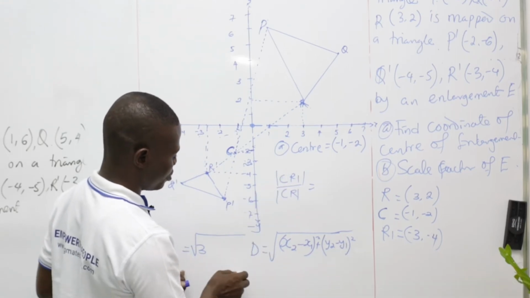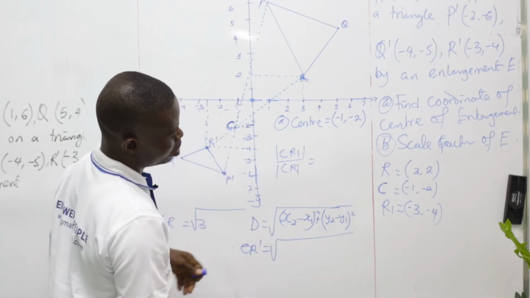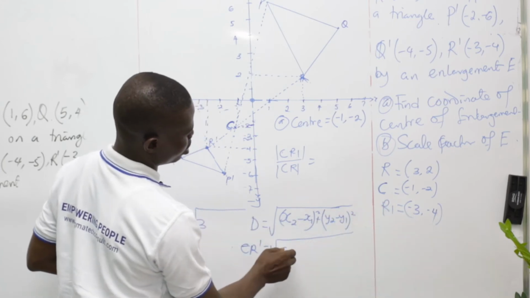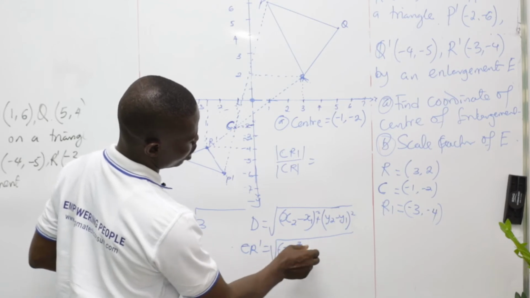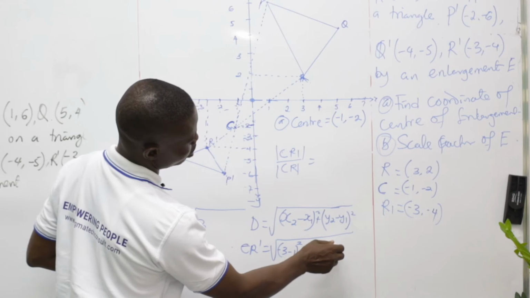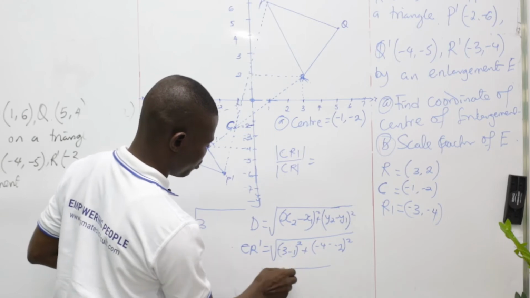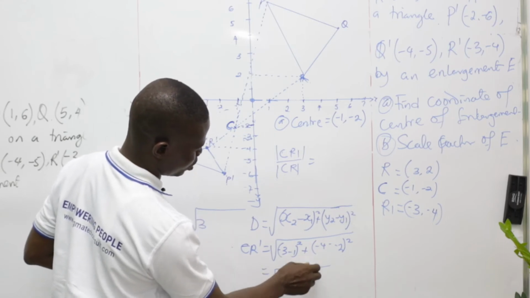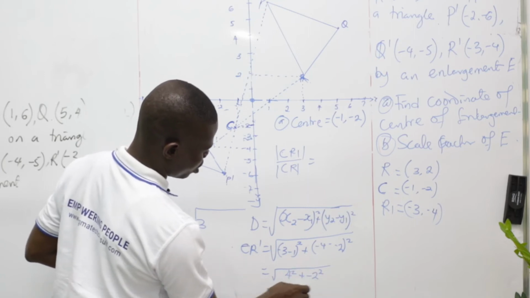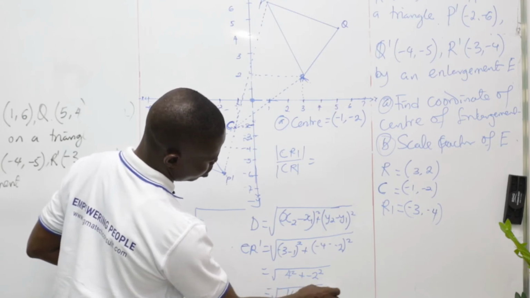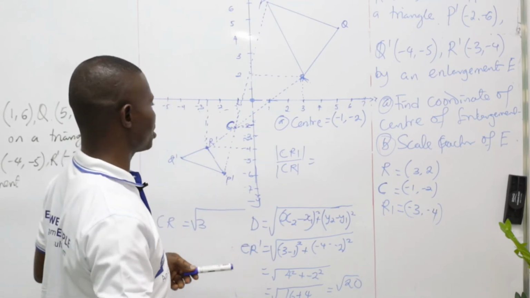For CR prime, CR prime equals square root of minus 3 minus 1 all squared, plus minus 4 minus minus 2 all squared, to give us square root of 4 squared plus minus 2 squared, to give us square root of 16 plus 4 equals root 20.